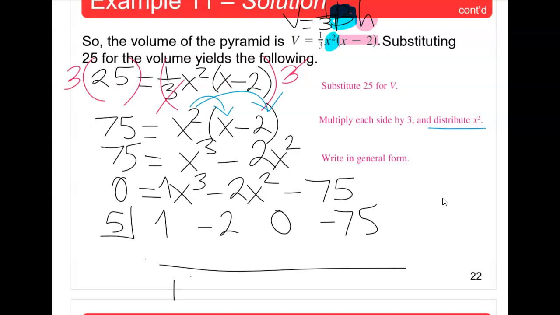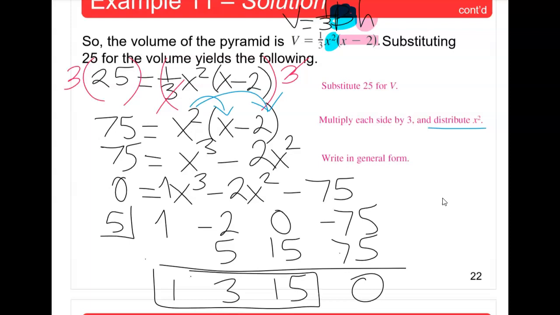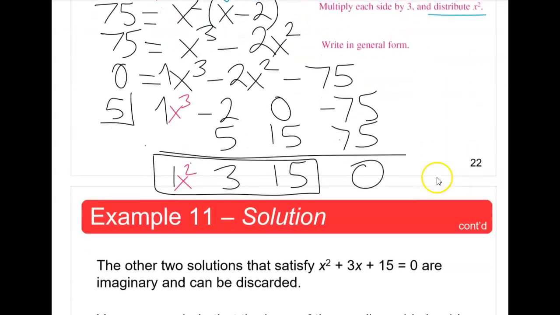So by checking that, I will get, let's see, 5 times 3 is 15, and then 5 times 15, 75. So yeah, that is in fact a 0. So we have this in cubic, and then here this will be square, the new coefficients.